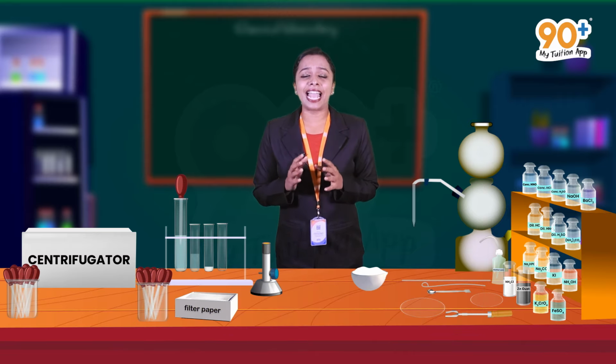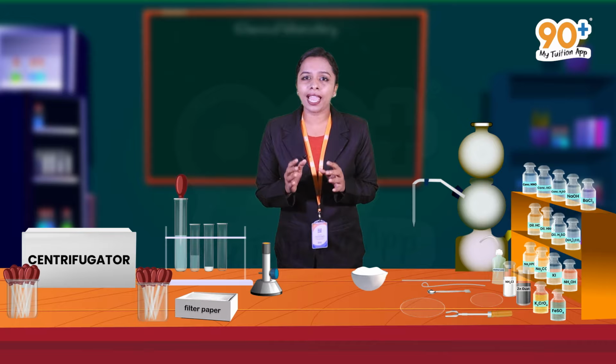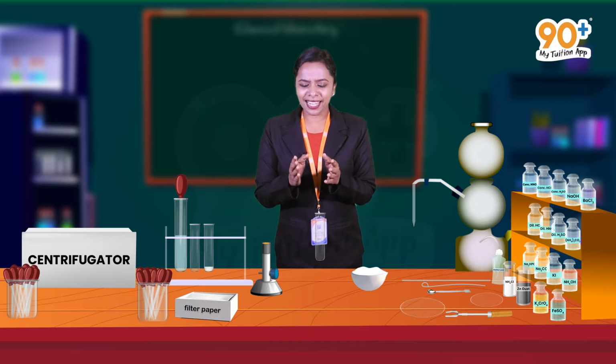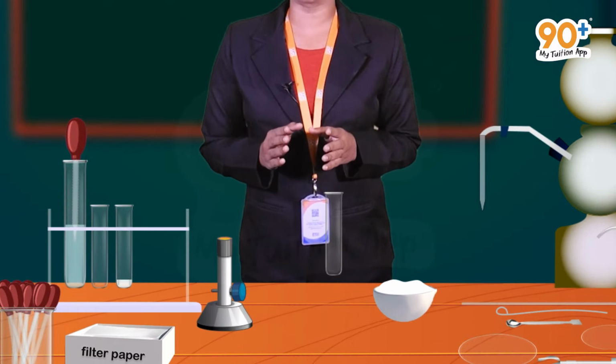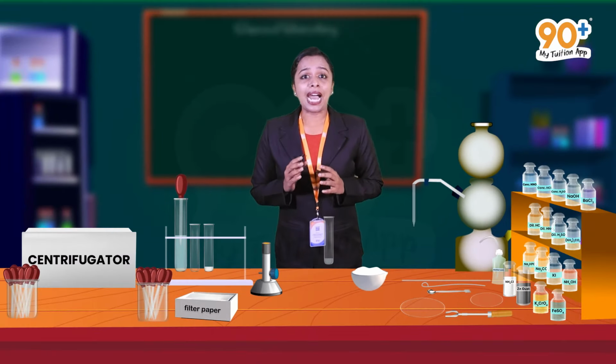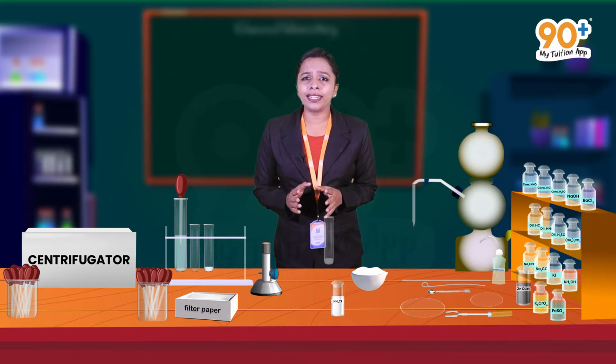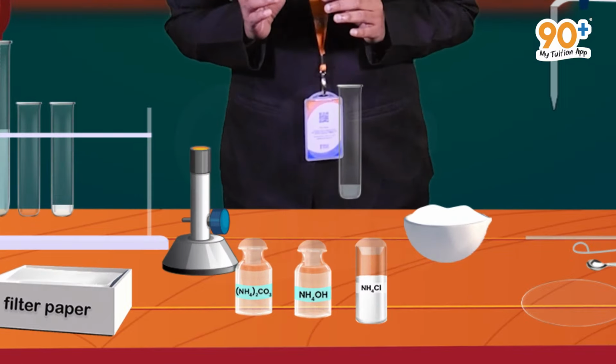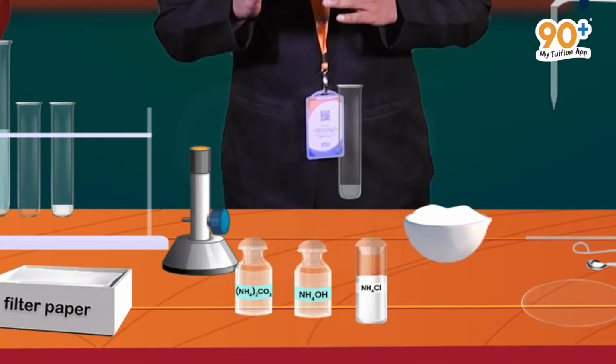Now let's conduct the analysis of group 5 cations. For this, take a test tube. To this test tube, add a little amount of given salt solution. As we know, ammonium chloride, ammonium hydroxide and ammonium carbonate are the group reagents of group 5 cations.